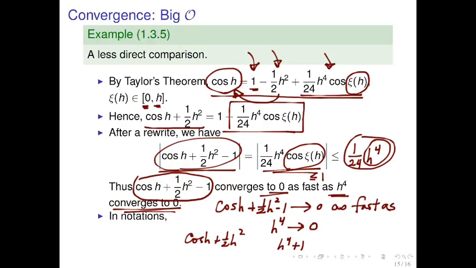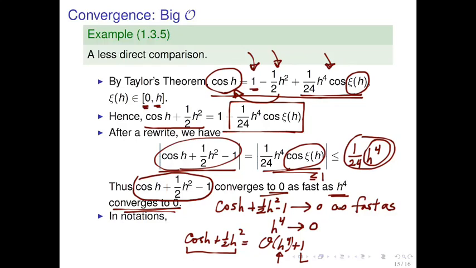So in notation, we can write cosine h plus 1/2 h squared is equal to big O of h to the 4th plus 1. And in words, we can say that this function cosine h plus 1/2 h squared has the same convergence rate as the polynomial function of degree 4, h to the 4th.